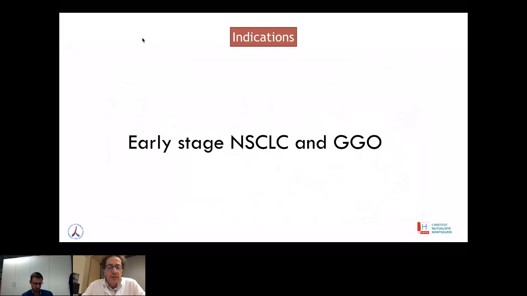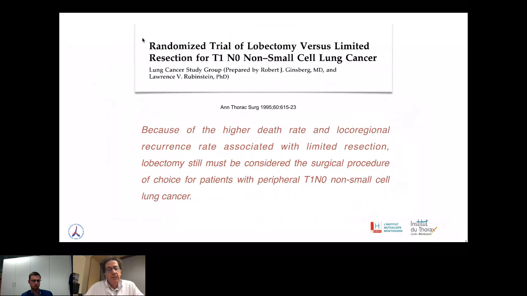Second indication, of course, early stage non-small cell lung cancer and some granulopathies. So I think that regarding T1 tumors, the debate has been for a long time polluted by the famous publication of Robert Ginsberg with the Lung Cancer Study Group.